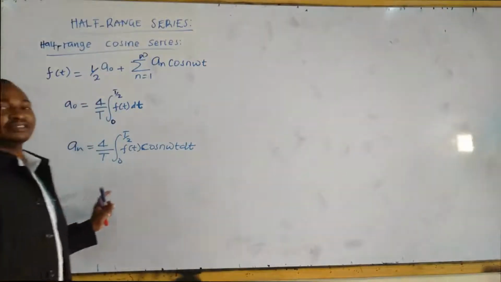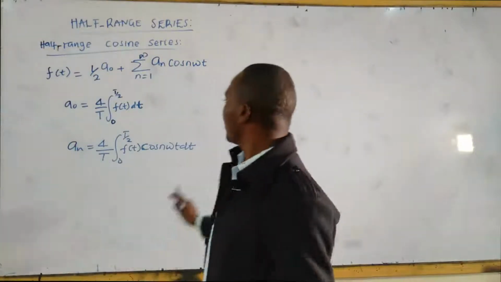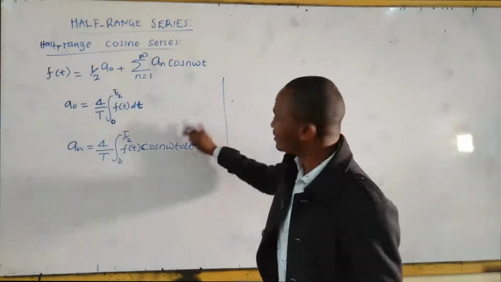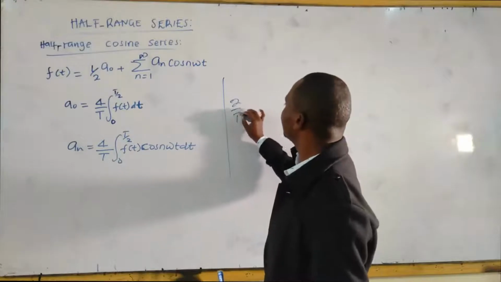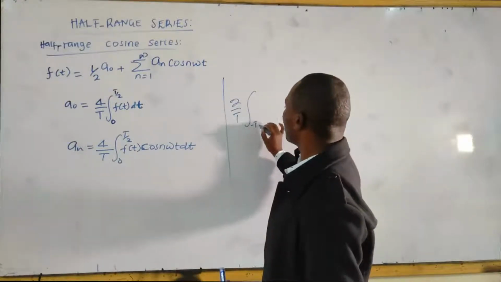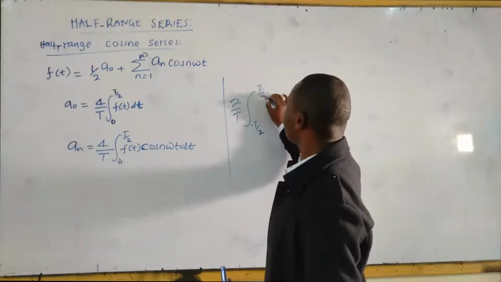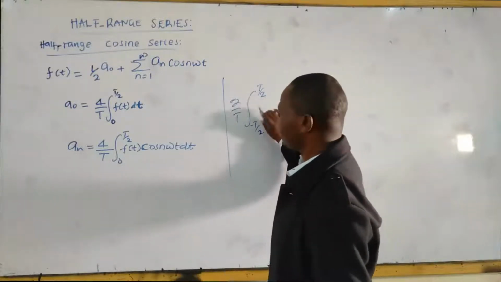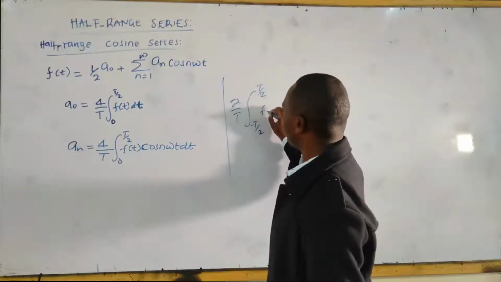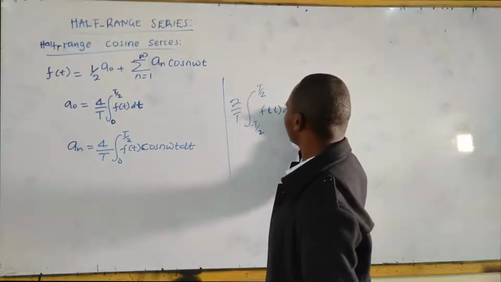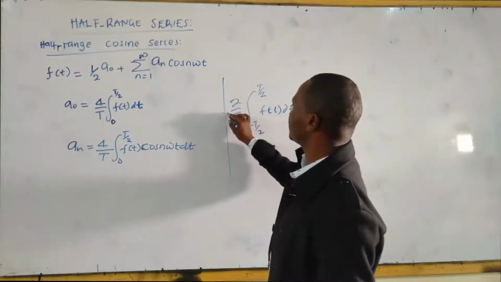So notice that what I've just written here is 2 over T, integrate from negative T over 2 to positive T over 2, for example f of t with respect to t, for a naught.